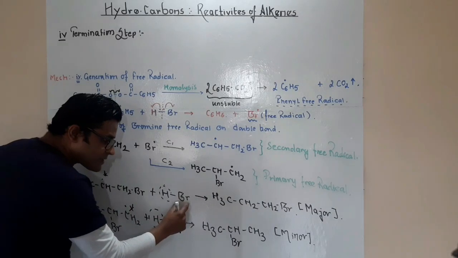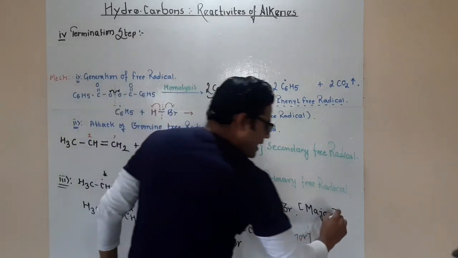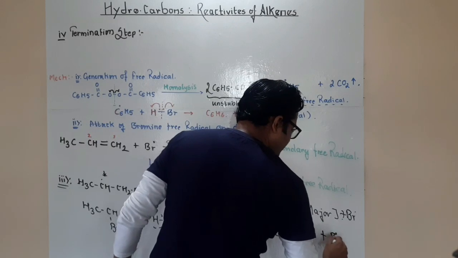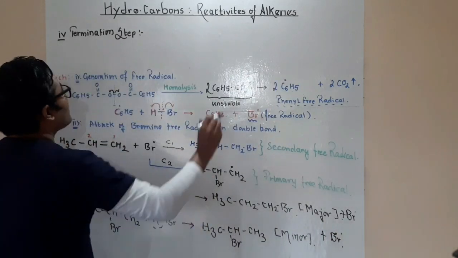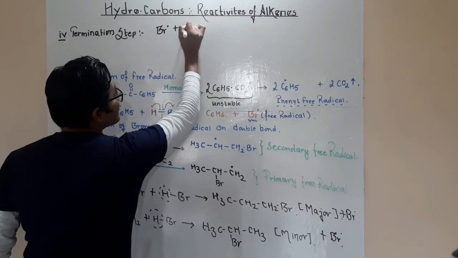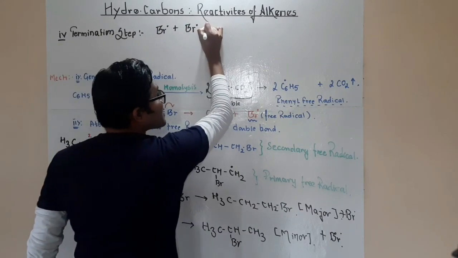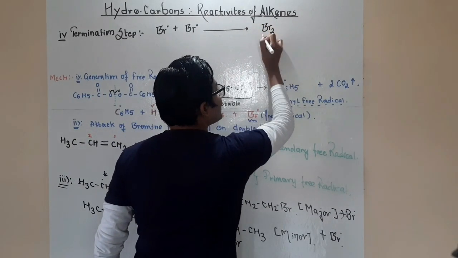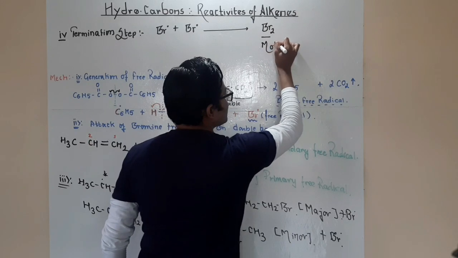What remains is Br and Br as the free radicals. So in the termination step, the bromine free radicals obtained from the previous step will combine in order to give the bromine molecule.